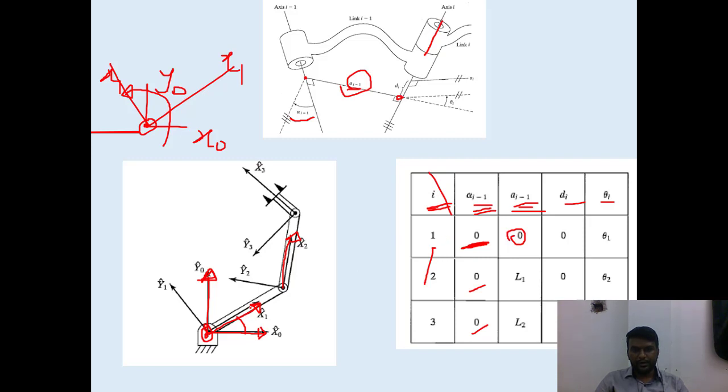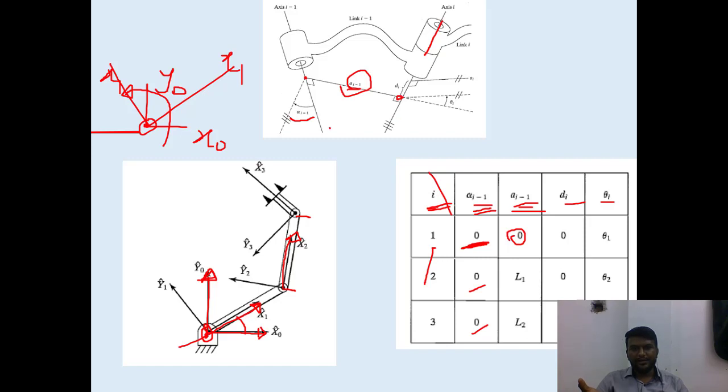When you see in the third direction, imagine a z axis coming out of the screen. All the three z axes are parallel. So all the alpha i minus 1 should be 0, because all axes are parallel.